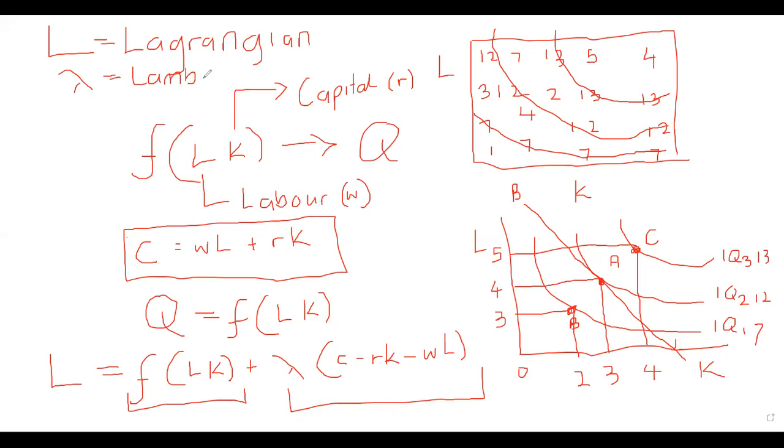So the optimal production of a firm will occur at point A, where you have the optimal bundle.